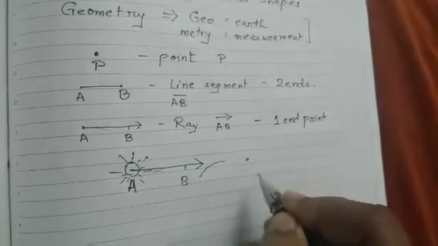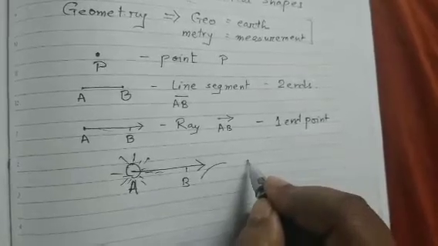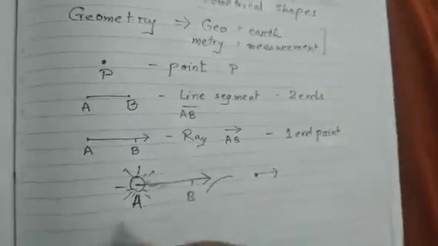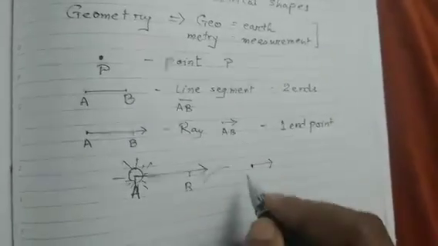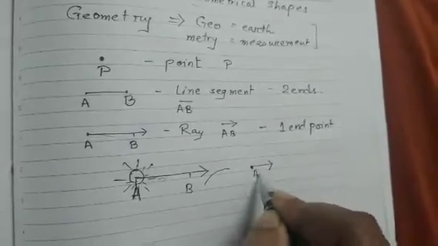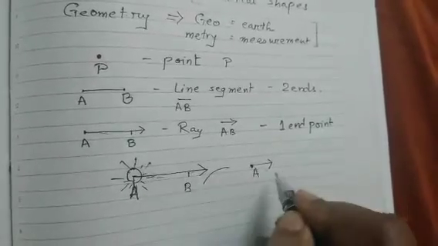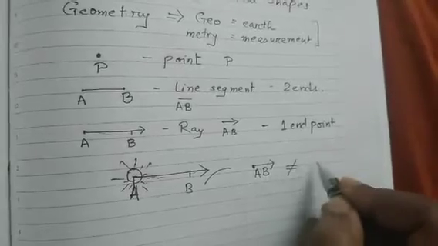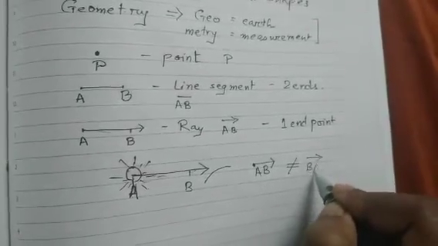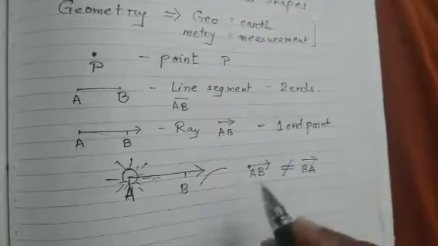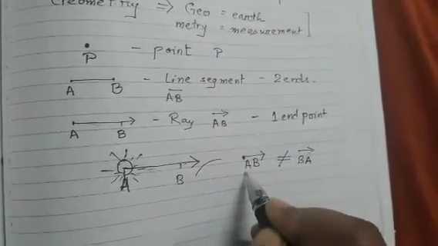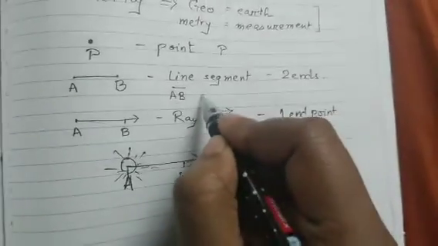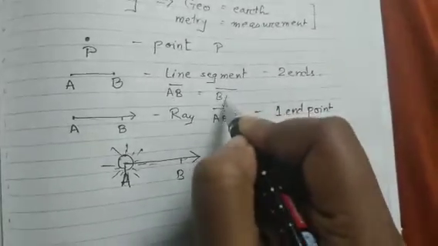From where it starts, we put that first: it starts from A and goes towards B. So ray AB is never equal to ray BA. Whereas you can always write line segment AB as line segment BA. It is the same.